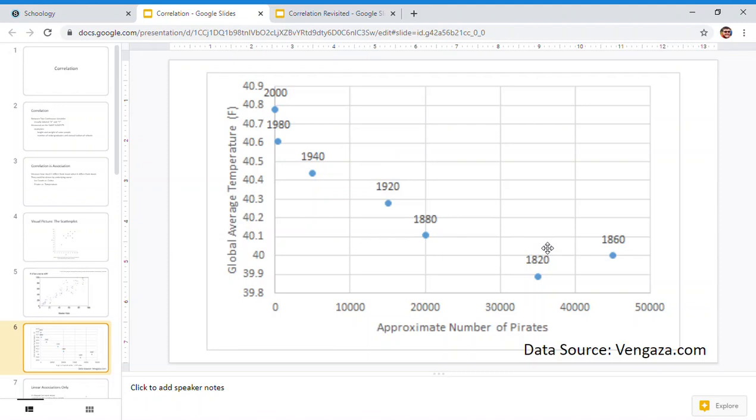So if there's a causal relationship, for example, if pirates were so cool that they cooled off the world, then this would be the cause, but more likely the underlying thing is good times. The underlying thing is that there is an industrialization factor going on here, where more industrialized means more global warming, and less industrialized means harder to keep pirates under control.